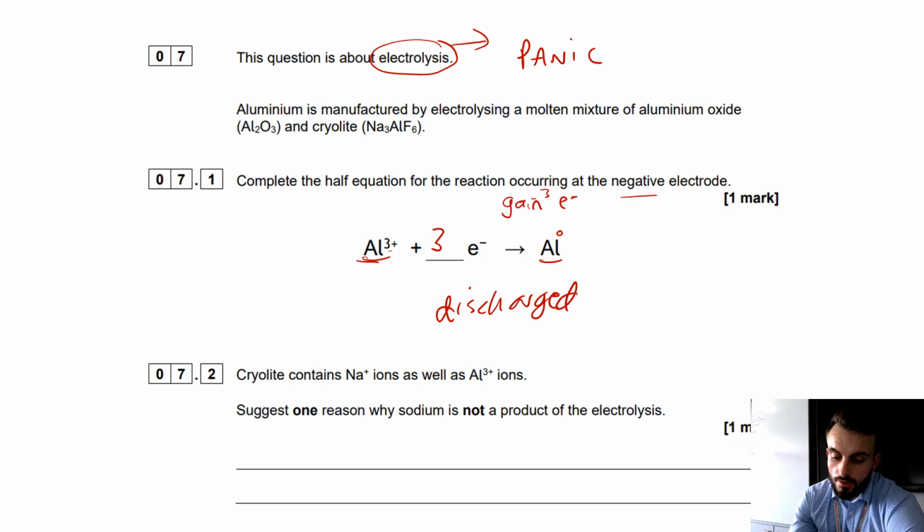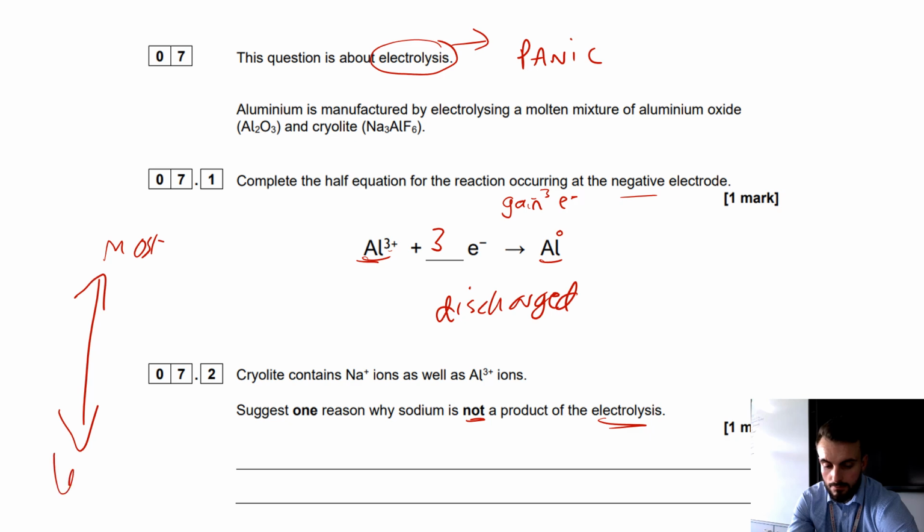Cryolite contains sodium plus ions as well as aluminium 3 plus ions. Give one reason why sodium is not a product of electrolysis. This is where your reactivity series comes in. Remember, you've got most reactive down to least reactive, and it's always the least reactive element that will form at the electrode, and the most reactive will always remain in solution.